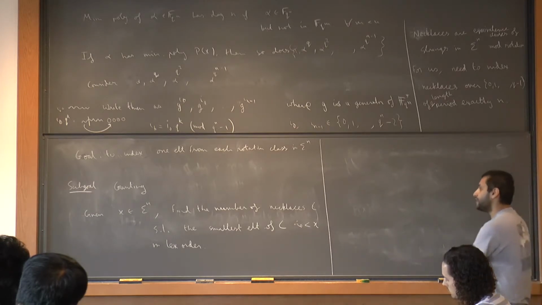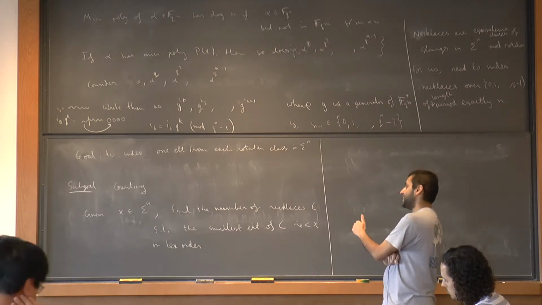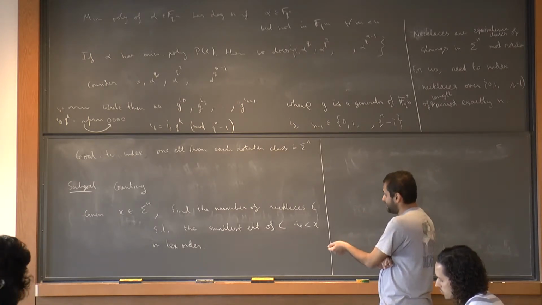Yeah, so how do we count necklaces? We want to find the number of necklaces which have their smallest element less than x.